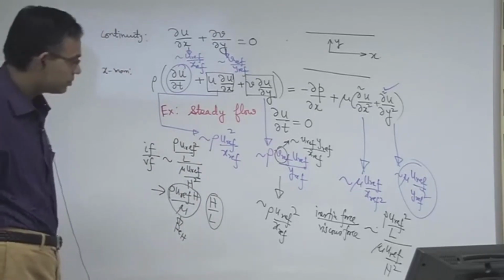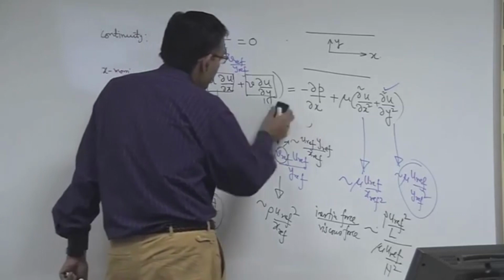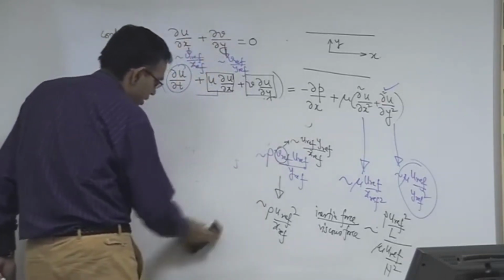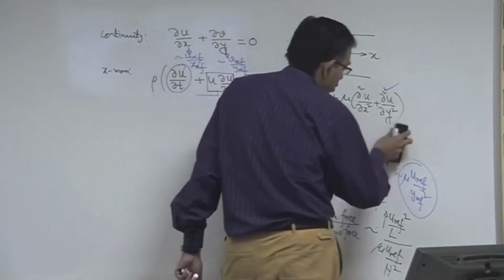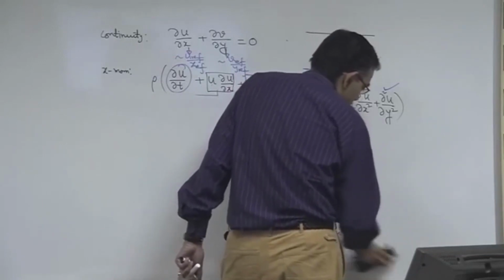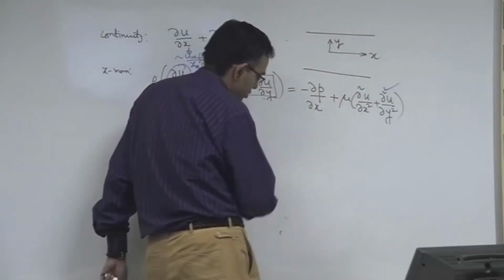So, then what is our equation that we are left with? We are left with the Stokes equation. Let me write that. Of course, it can include other body forces, but here we are discussing mainly pressure driven flow. So, I have not included any other body force.